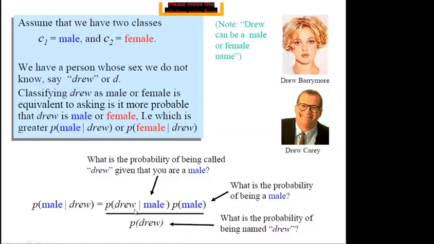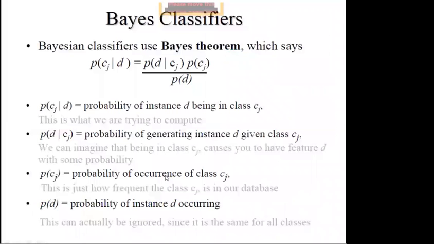That probability we need. And probability of male, how many male population are there in the entire population. And this is the probability of Drew. In the entire population, how many Drews are there? Probability of Drew. Is it clear? I hope you can relate that example to this formula.